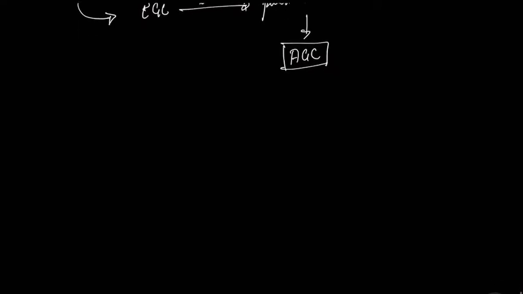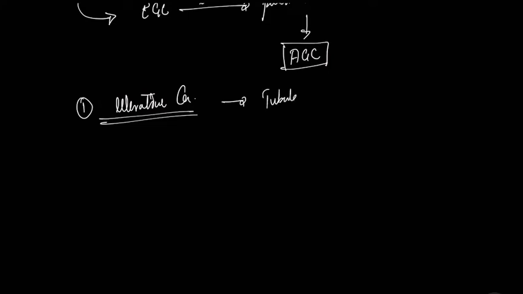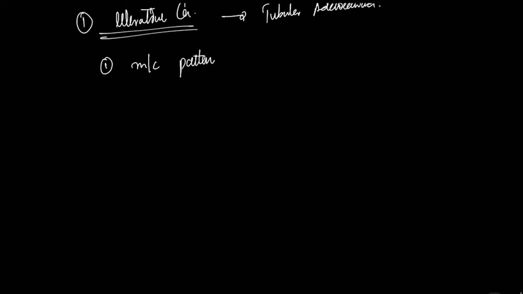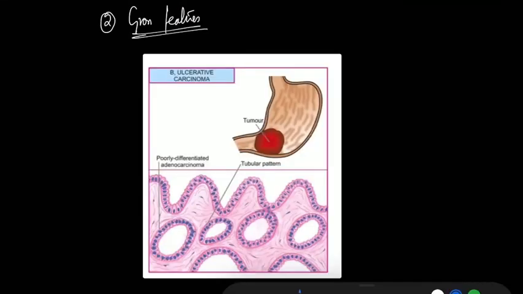So let's start with the first subtype, which was your ulcerative carcinoma. Yeah, we also read that this was a microscopic pattern of your tubular adenocarcinoma. Yes, so this is the most common pattern of your advanced gastric carcinoma. Yeah, now let's come to its gross features. Alright, so these are the gross features.